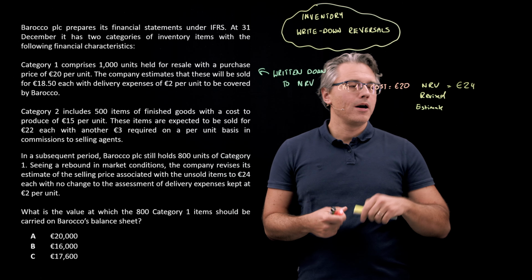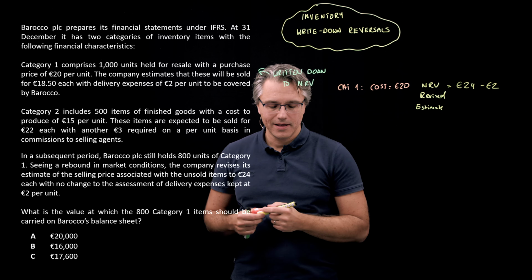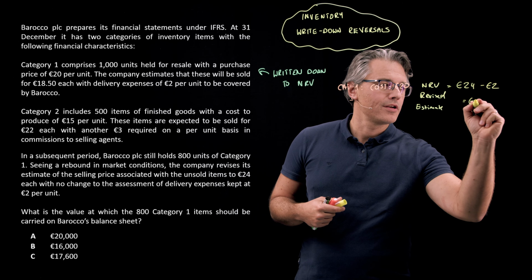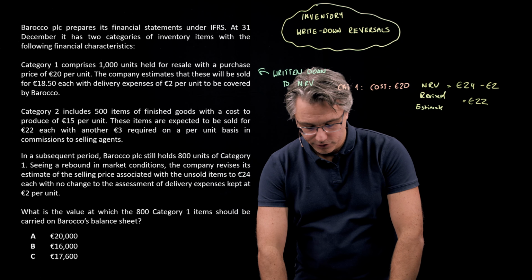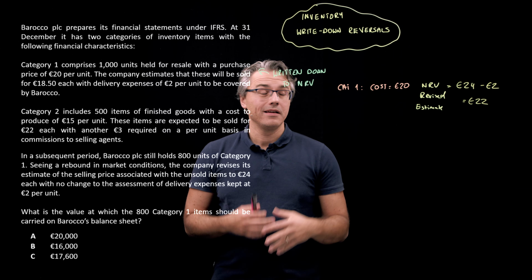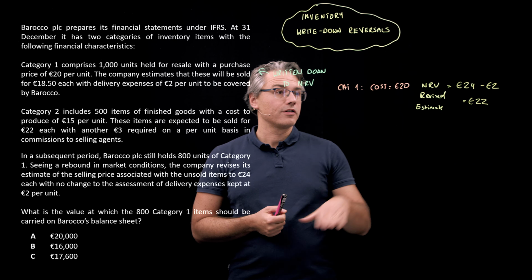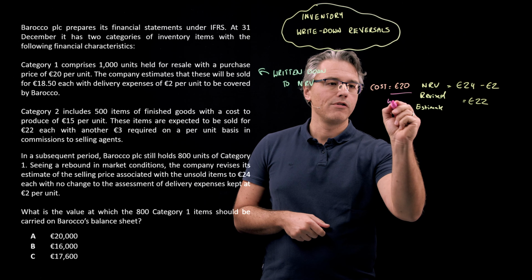So that's going to be a minus €2 on a per unit basis, seeing as the company will need to cover these costs in order to sell the items. So that's 22. And now, well, you should know what the rule is. We should present our inventory items at the lower of cost and NRV. Now, cost is the lower of these two.